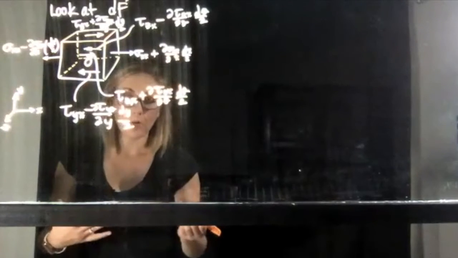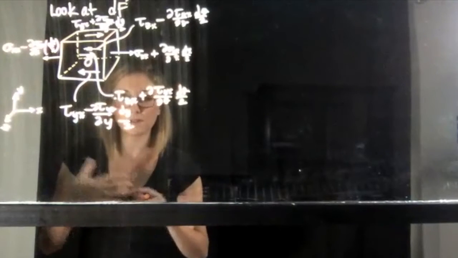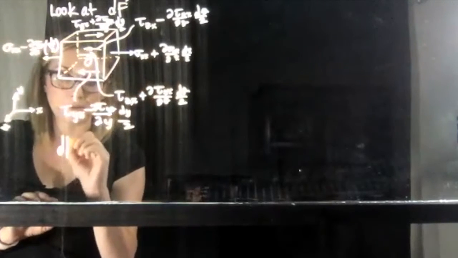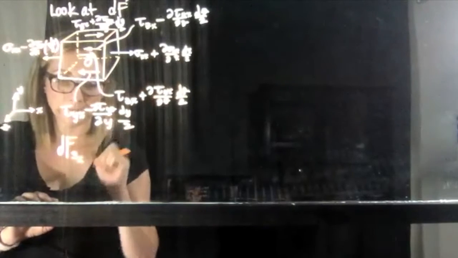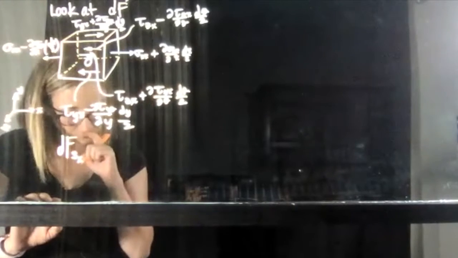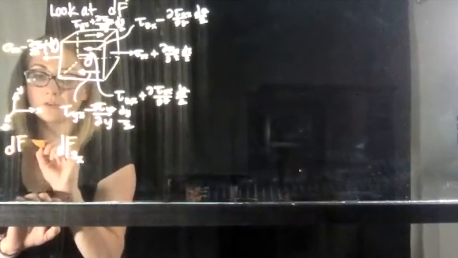Okay, so we want to know what the sum of all of the forces in this direction are. So we want to know dFs in the x direction. And actually, we want to know all of dF, right?